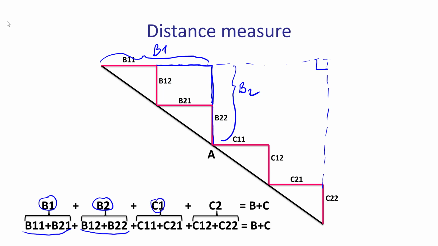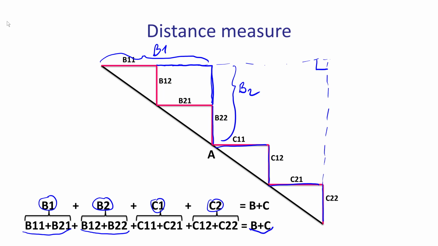And C1 and C2 also could be written as a sum of those two segments. So taking this segment and this segment will give you C1, and taking this segment plus this segment will give you C2. And this is still the same B plus C that we had from the beginning.